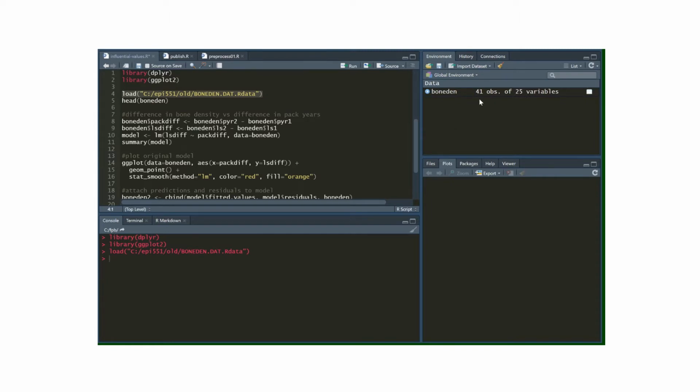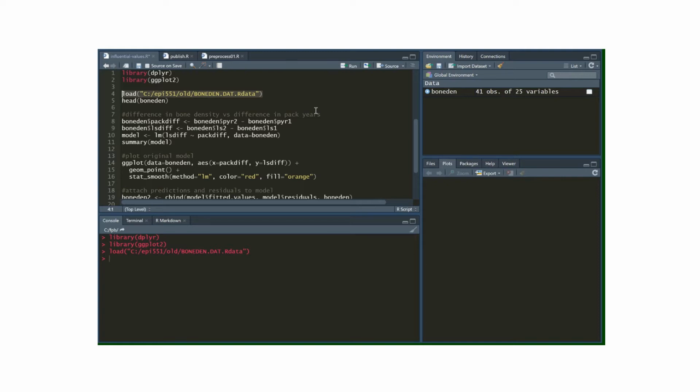So there were 41 twins were found where one twin was a smoker and one twin was a non-smoker. And the bone density was measured, as well as a bunch of other things. And the goal is to see if smoking influences some various kinds of bodily measurements.